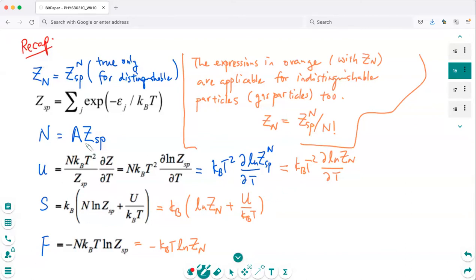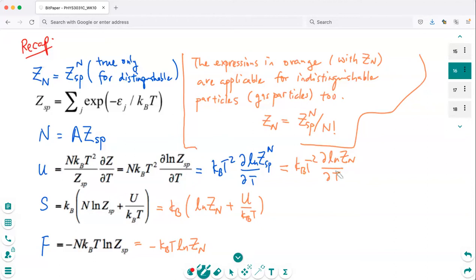Okay, so what we developed using the single particle partition function are given in the typeset black color equations, and the corresponding equations for an assembly of particles are written in orange color.